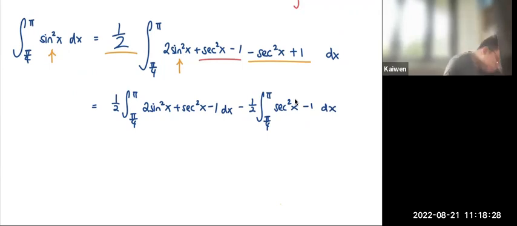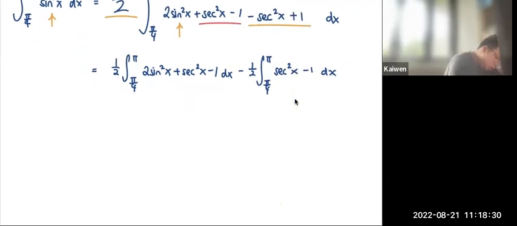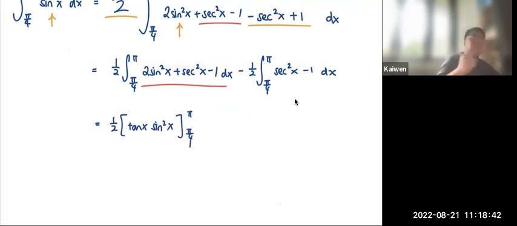Nothing difficult here. After that, we know this from part A, so we're going to integrate this and get half tangent x for the sine square x term, from pi over 4 to pi over 2. And for the behind term, secant square x minus 1, this is not difficult to integrate because we can integrate secant square and we can integrate minus 1.